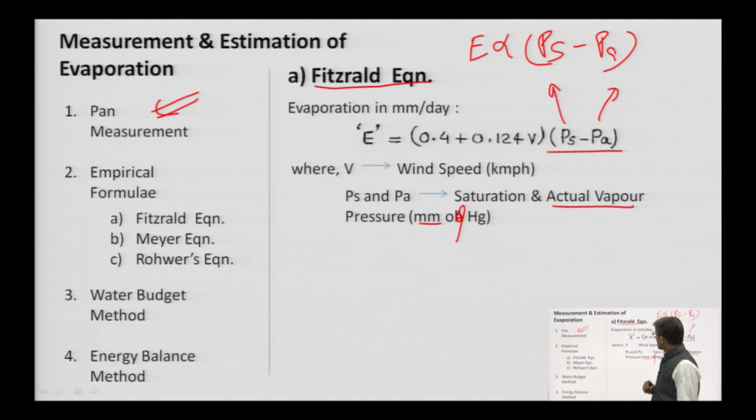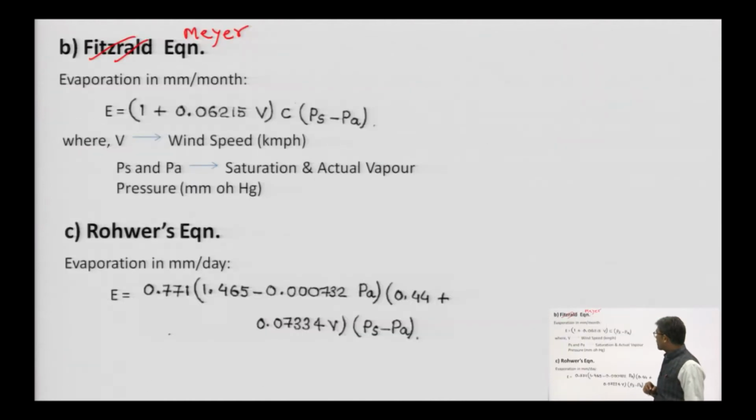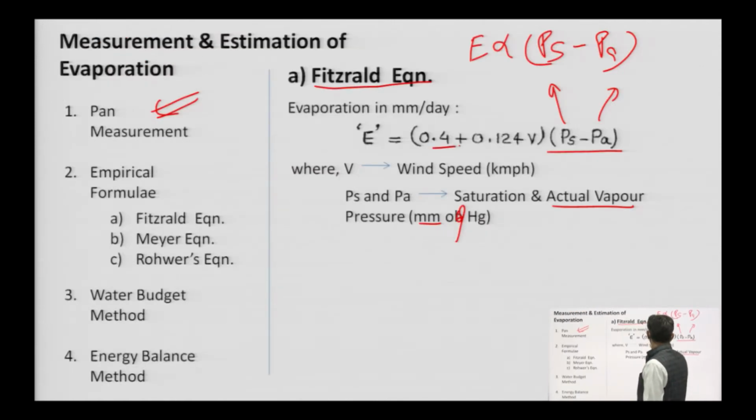Another equation is Meyer's equation. In Meyer's equation, V is the wind speed in kilometer per hour, and the remaining things are the same, but the constant is different.